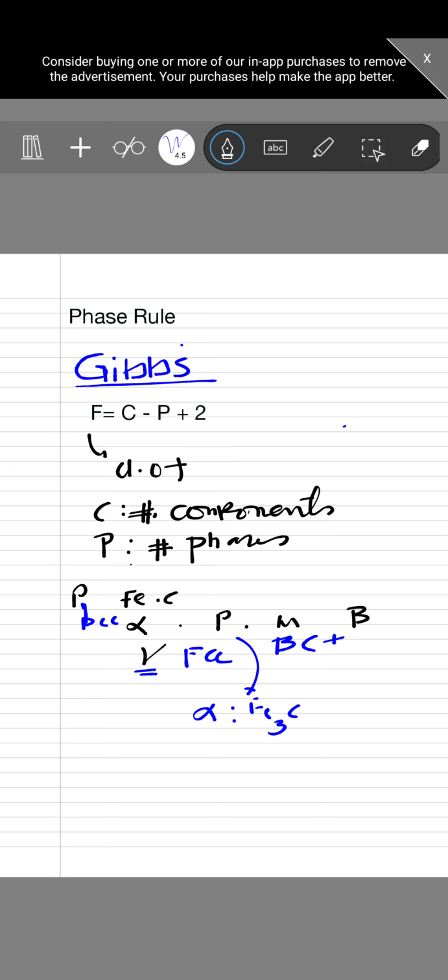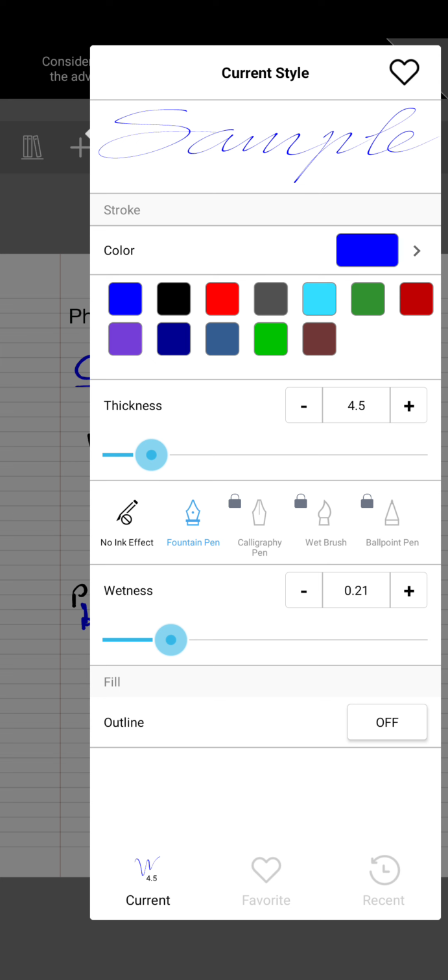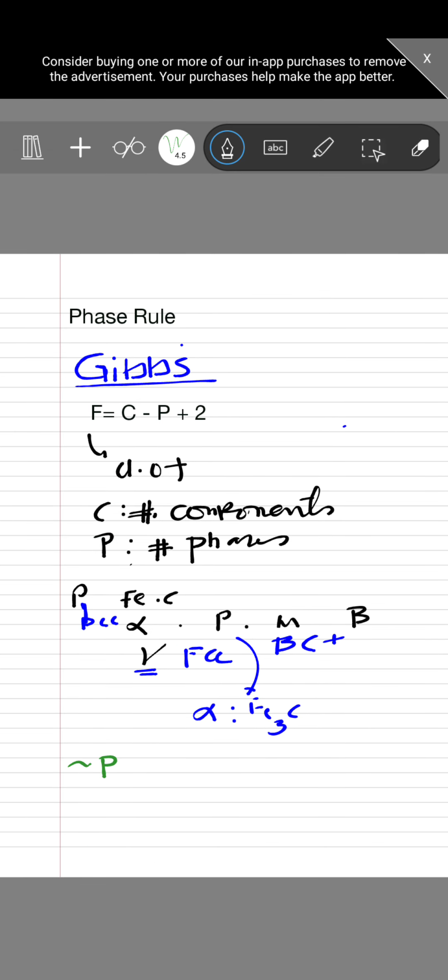By phases, we mean that they have to be physically distinct and chemically homogeneous. So there are two aspects to a phase. First of all, they should be physically distinct. That is the first condition, and the second condition is they should be chemically homogeneous.